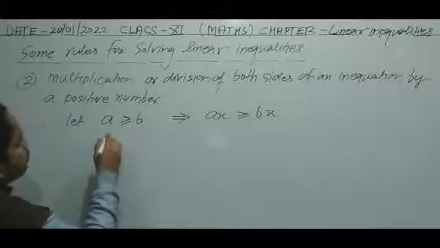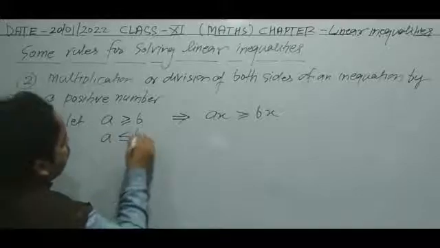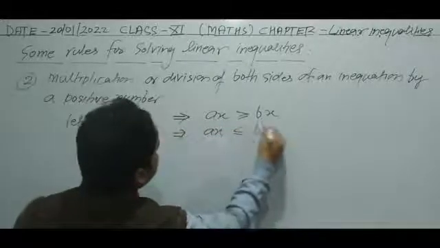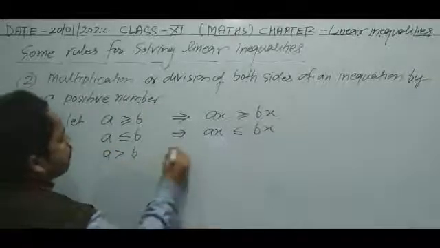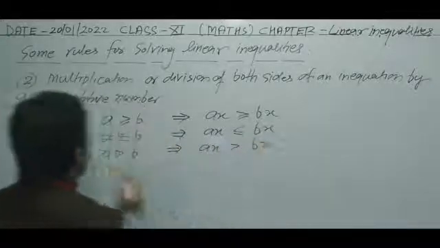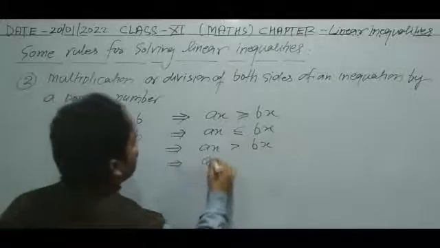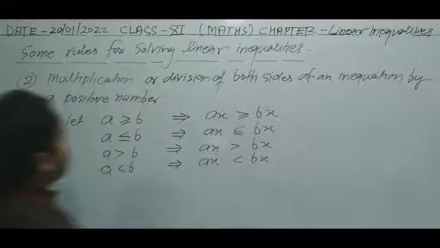Now A is less or equal to B, in this case AX is less or equal to BX. And A is greater than B implies AX is greater than BX, and A is less than B, in this case AX is less than BX.